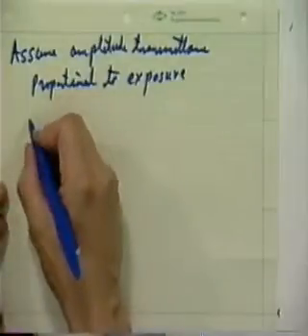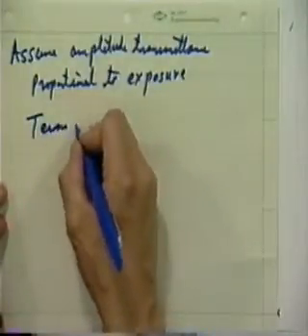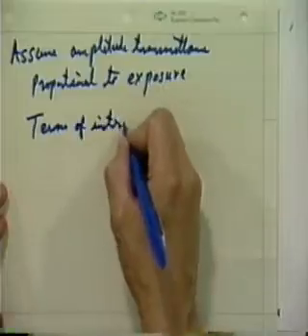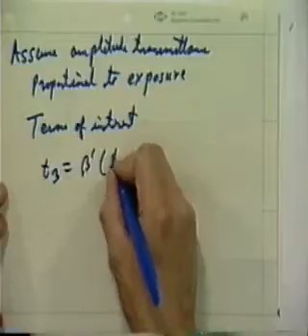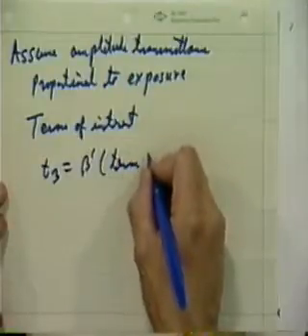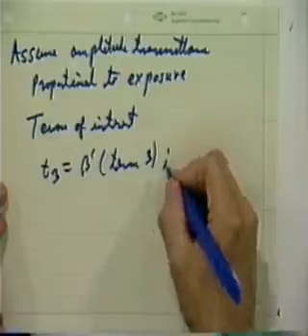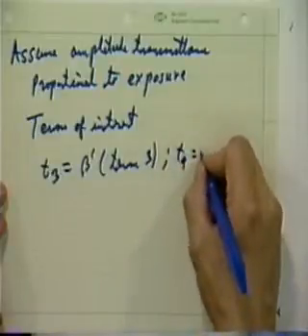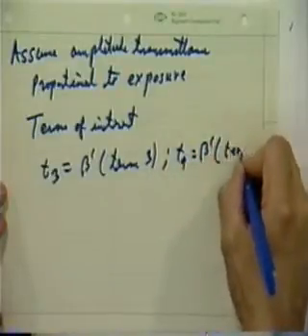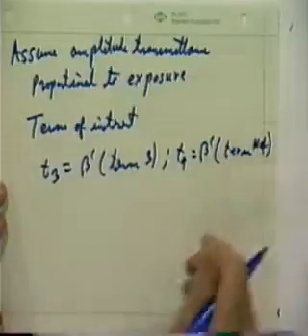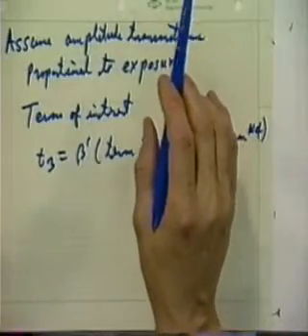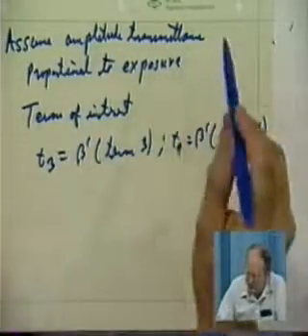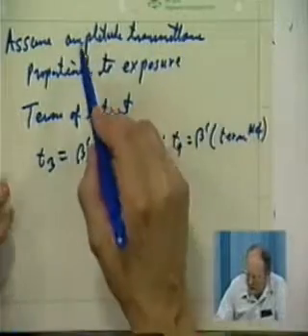And so the terms of interest here are T3, which is beta prime times term number 3, and T4, which is beta prime times term number 4.